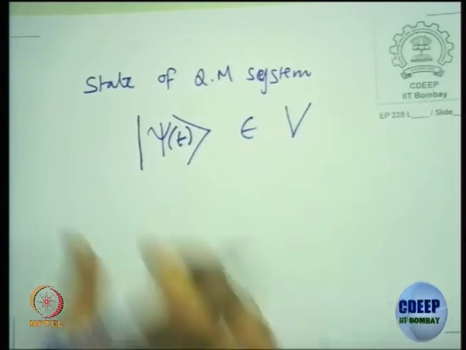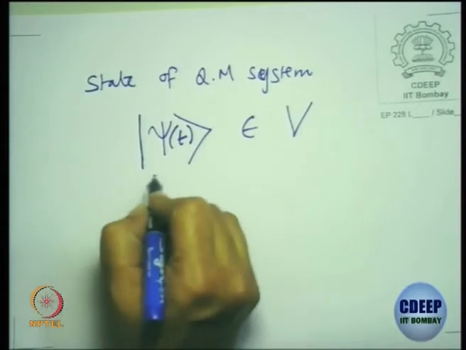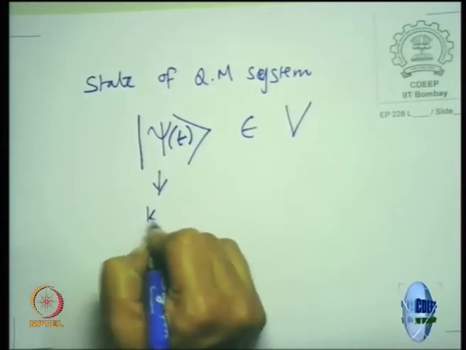Okay, so this is the notation which we are going to use, not the vector A, vector B and so on. We are going to use an abstract notation which is an angular bracket, and this angular bracket is known as ket.